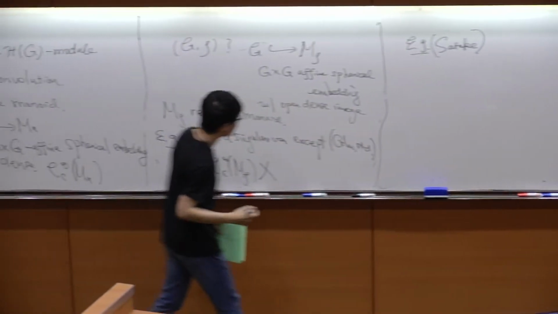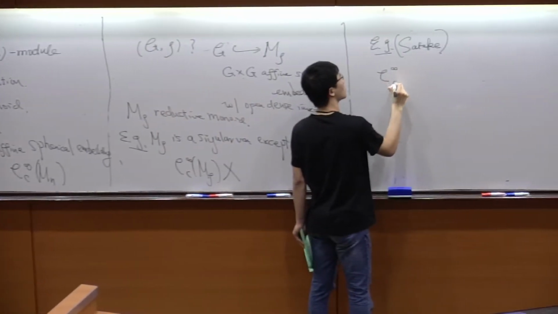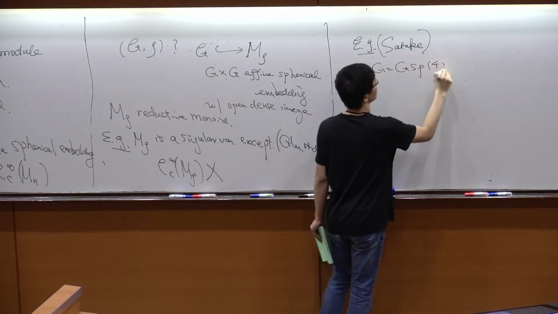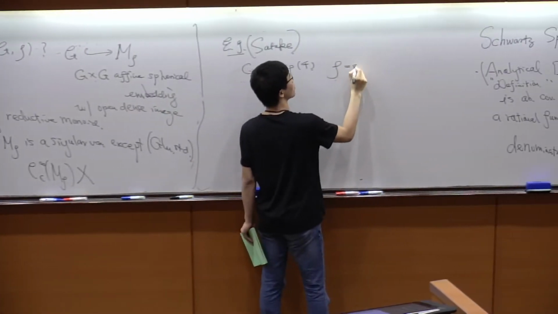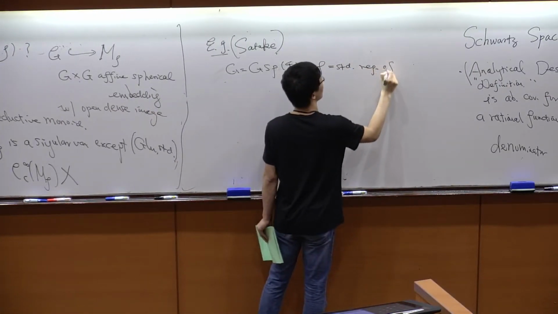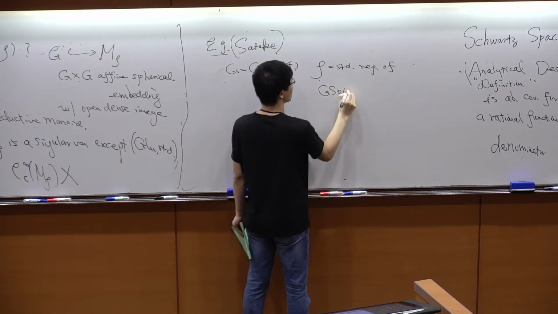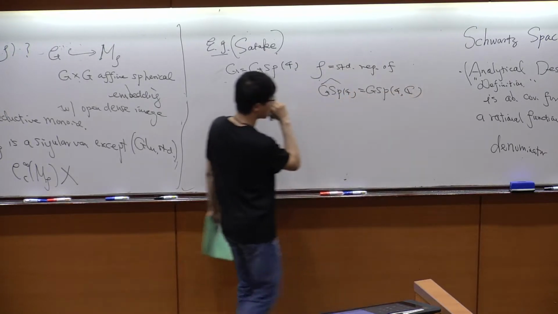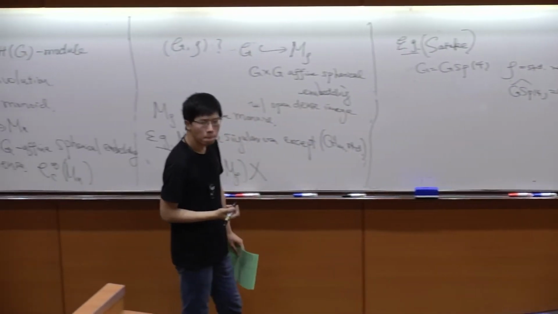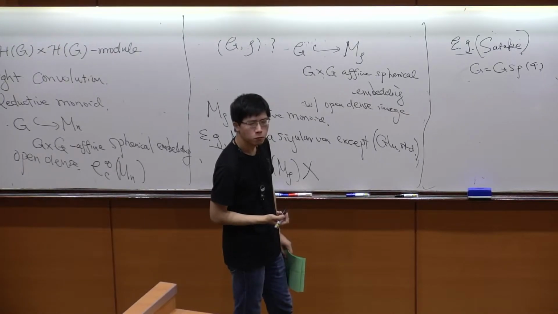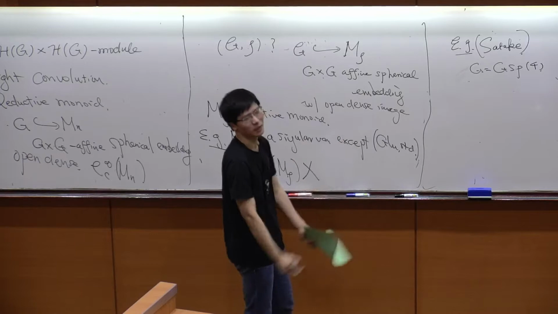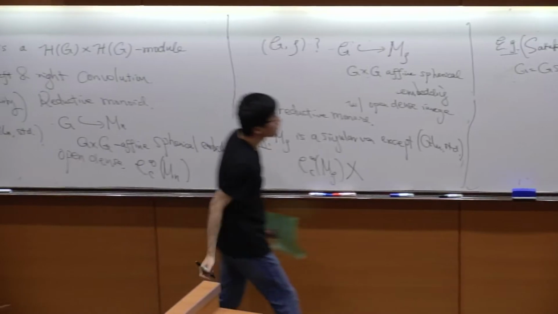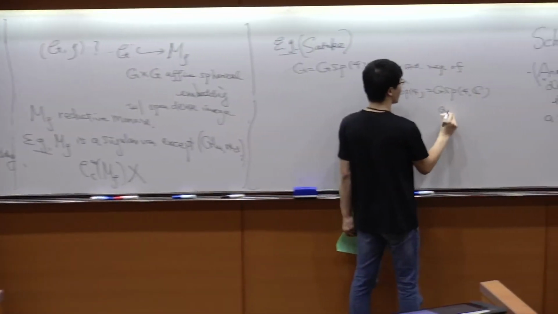That is to say, if you take our group G to be GSp4 and rho is the standard representation of the dual group of GSp4, which is GSp4(C). Then, oh yeah, it's an accident. Yeah, let me write here.